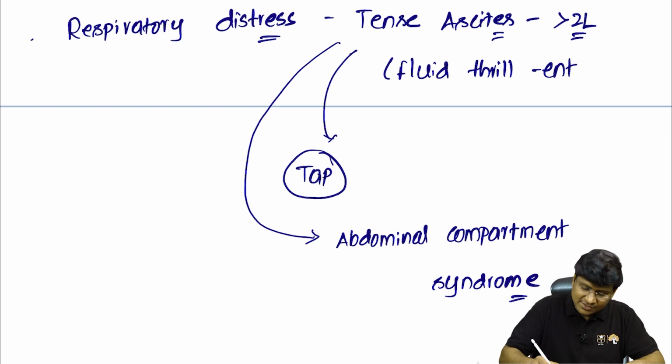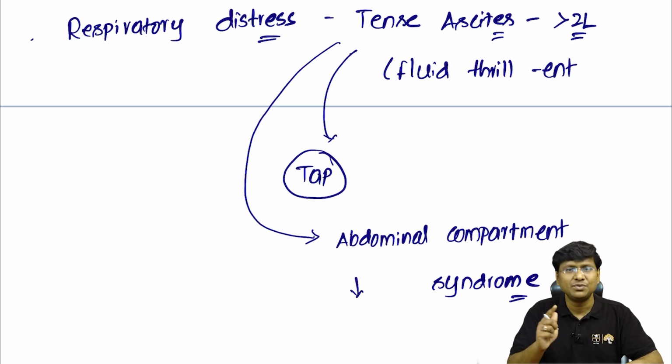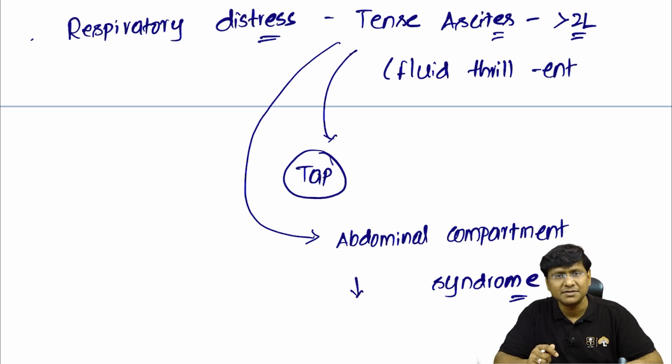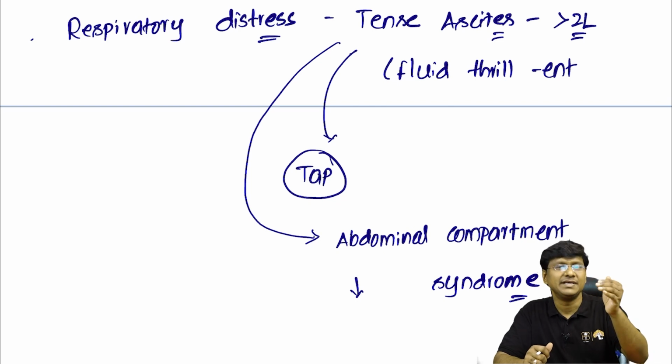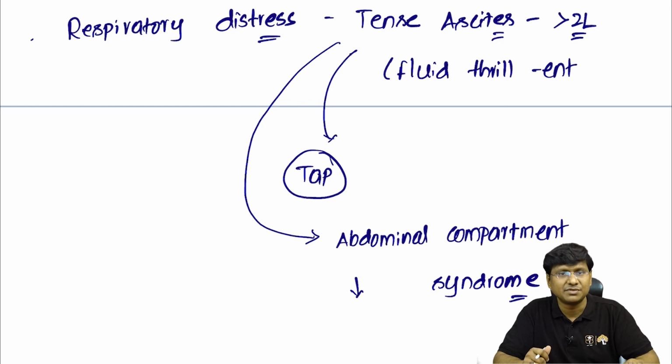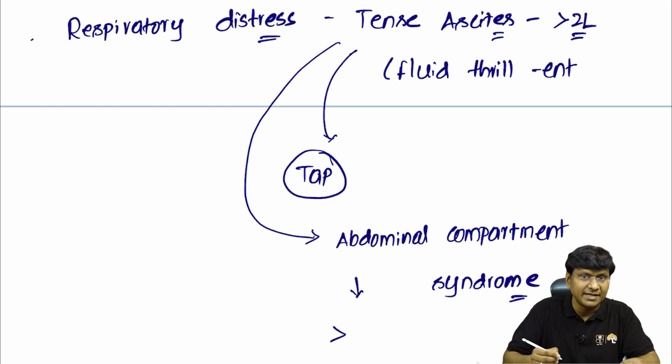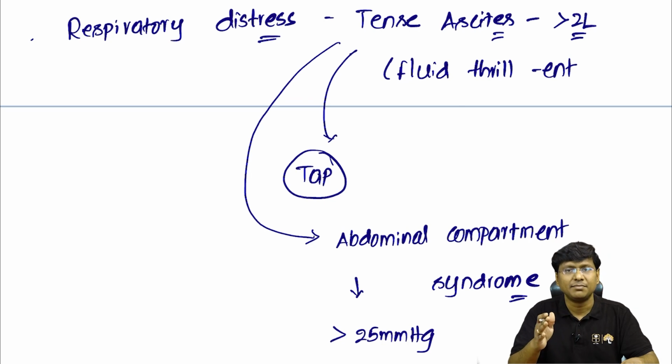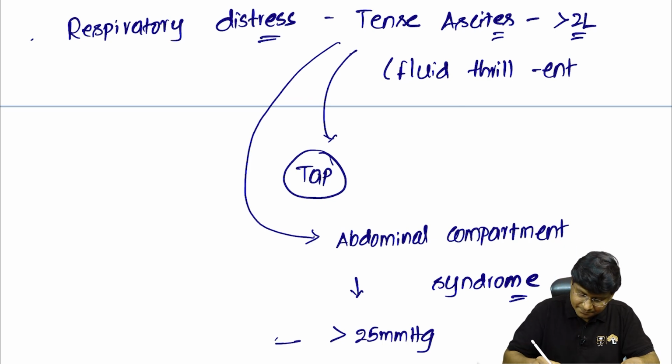Now, do you know what will happen to the intra-abdominal pressure? The intra-abdominal pressure is increased, to more than 25 millimeters of mercury.